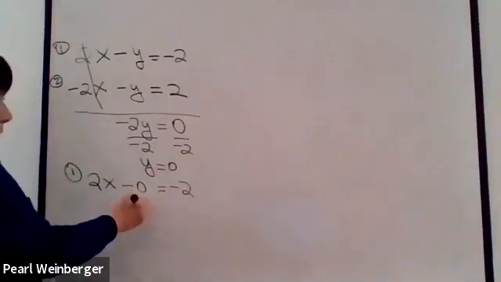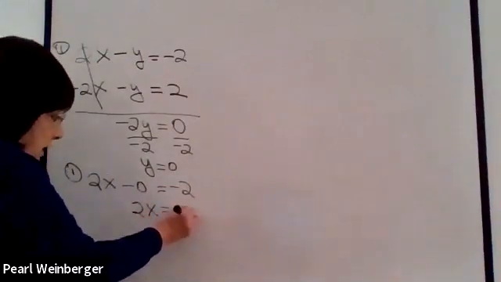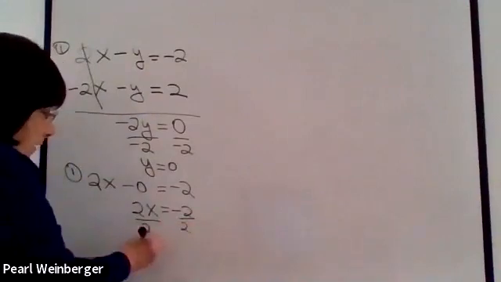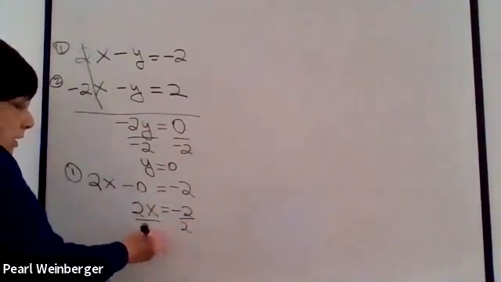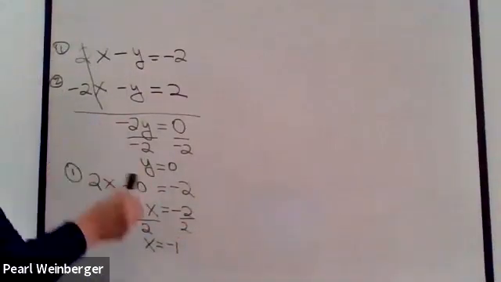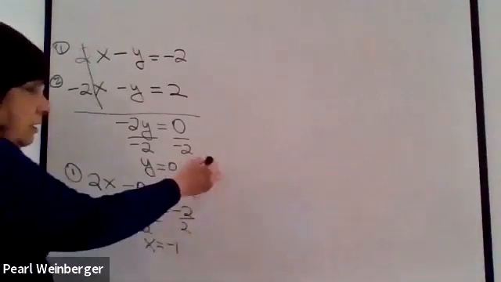So 2x minus 0 is simply 2x. So we get 2x equals -2. And when I divide both sides by 2, I get x equals -1. So now I know my solution is y is 0 and x is -1.